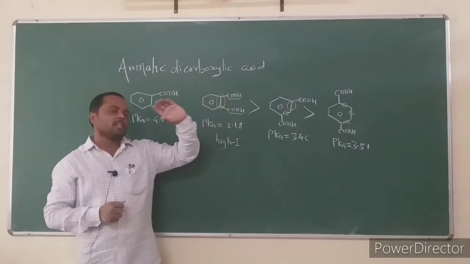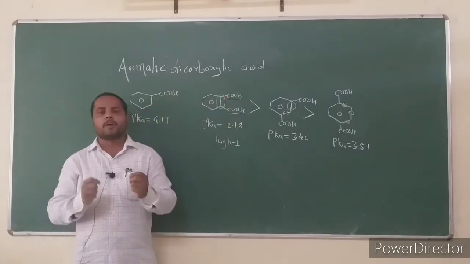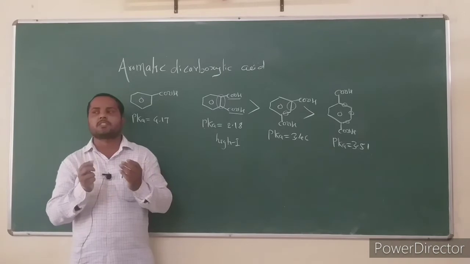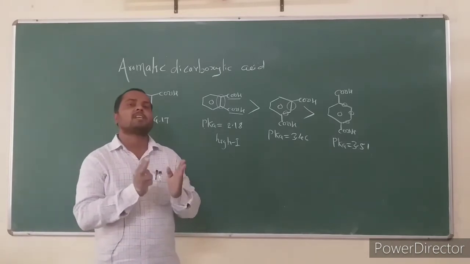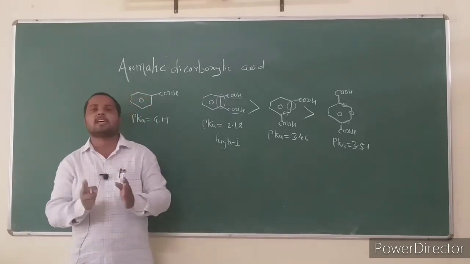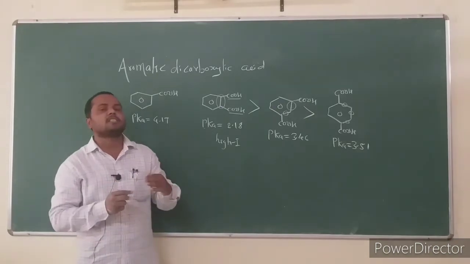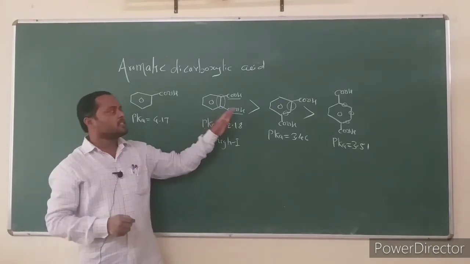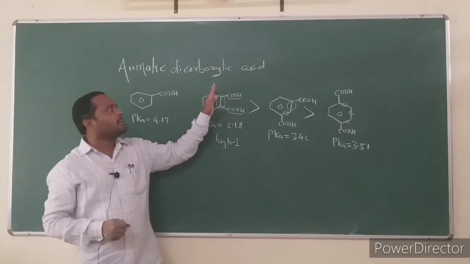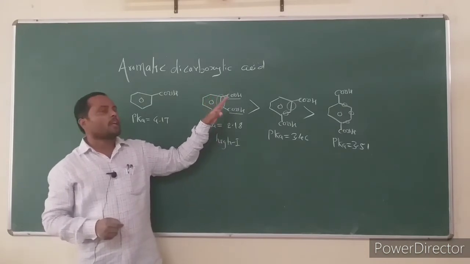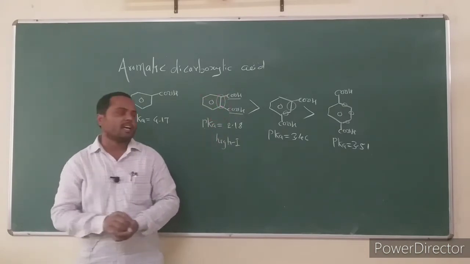If in a dicarboxylic acid you have two acid functional groups, as the distance between the two acid functional groups increases, the minus I effect decreases. As the minus I effect decreases, the acid strength decreases. This is the acidity of aliphatic dicarboxylic acid and aromatic dicarboxylic acid.